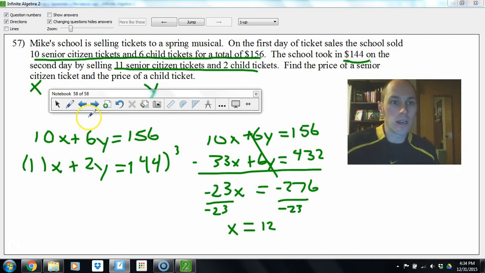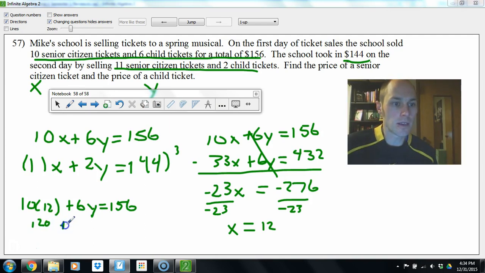Plug that into one of my equations. So 10 times x, 10 times 12, plus 6y equals 156. So 120 plus 6y equals 156. Okay, subtract 120.